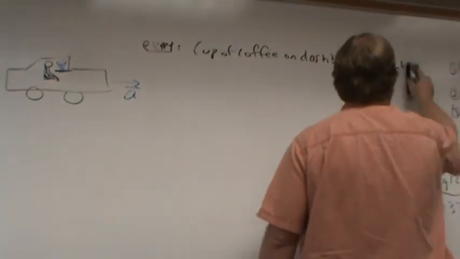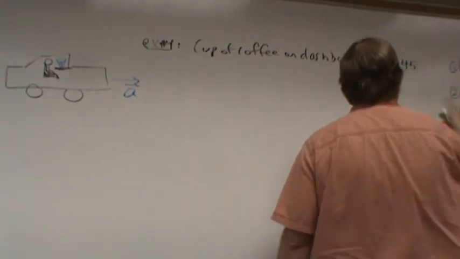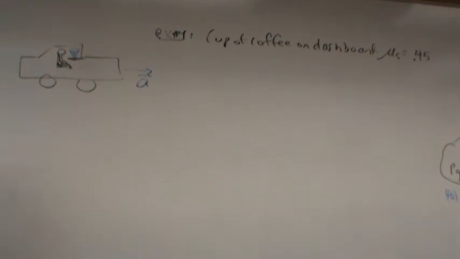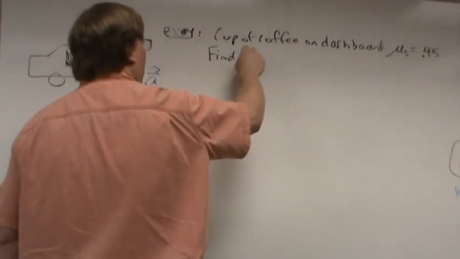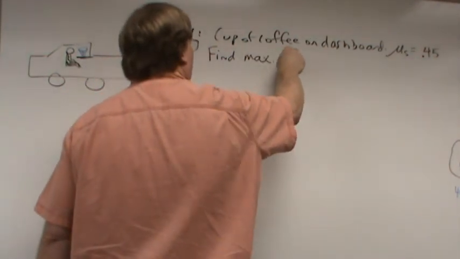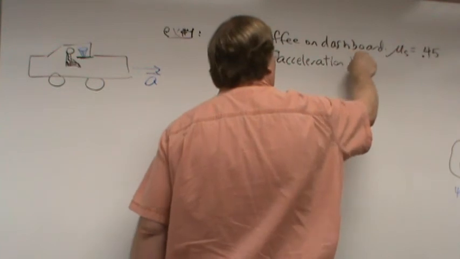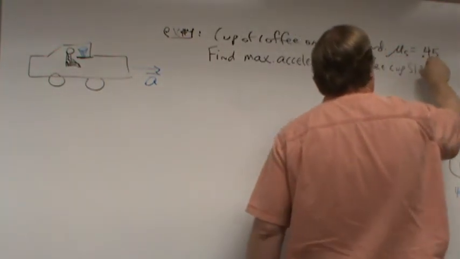It's styrofoam and rubber and plastic, I don't know. Maybe 0.45. Okay, coefficient of static friction is 0.45. Find maximum acceleration before cup slides off.